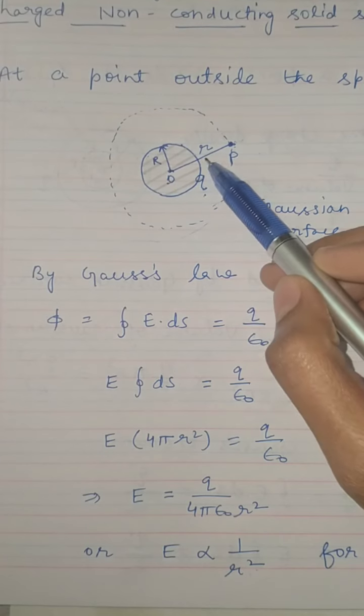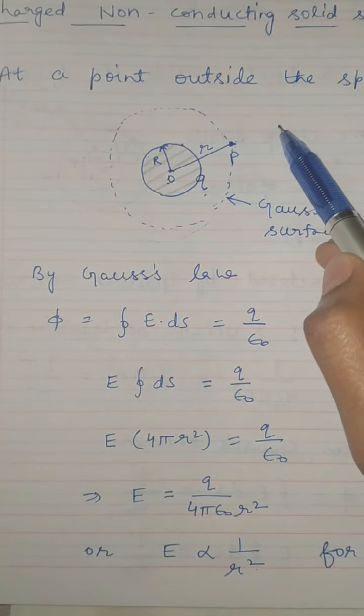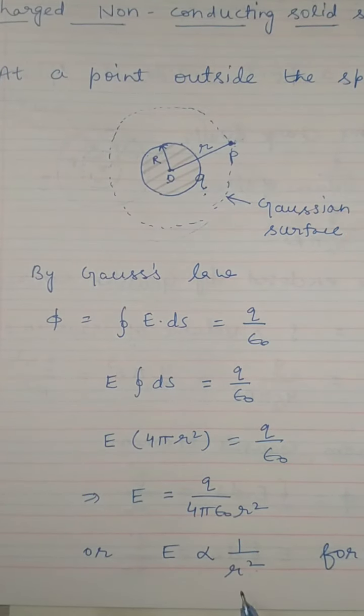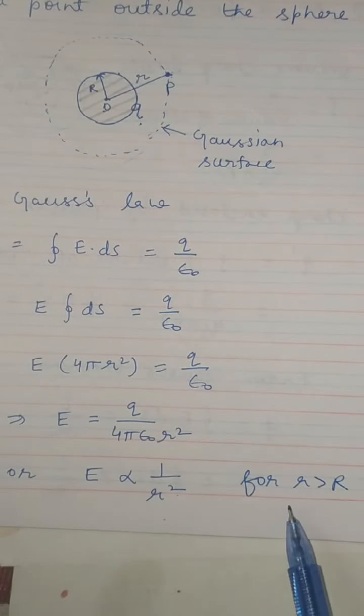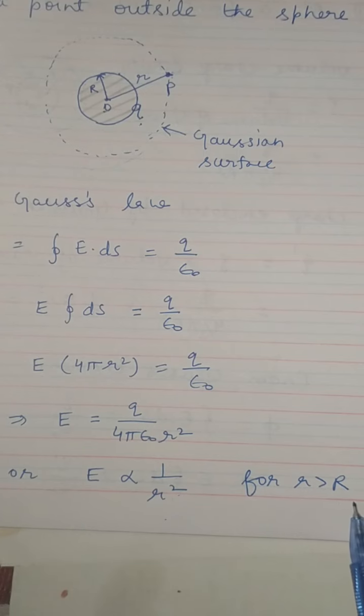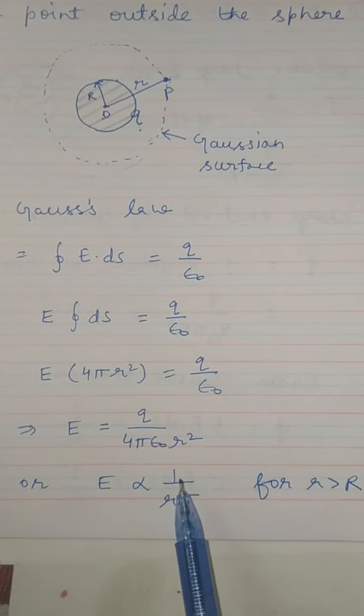Meaning if we are going away from the center, meaning if r is increasing, the electric field will decrease. So there is an inversely proportional behavior between electric field and the distance. So for points where r is greater than capital R, electric field is proportional to 1 upon r square.